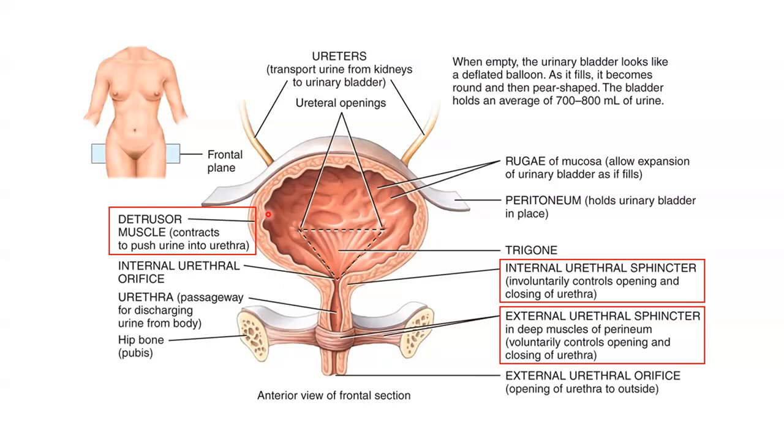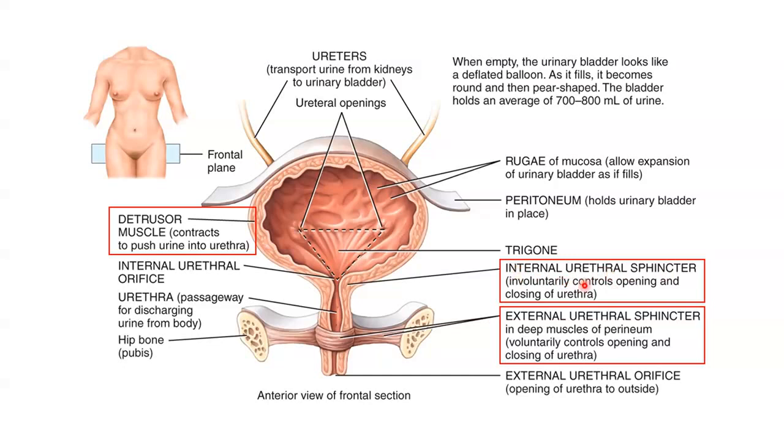This initiates a reflex arc, where parasympathetic motor impulses cause contraction of the detrusor muscle. This is a muscle that surrounds the entire bladder. We also have relaxation of the internal urethral sphincter. Our internal urethral sphincter, remember, is made up of smooth muscle, so it's involuntary. We don't have voluntary control over this internal sphincter.